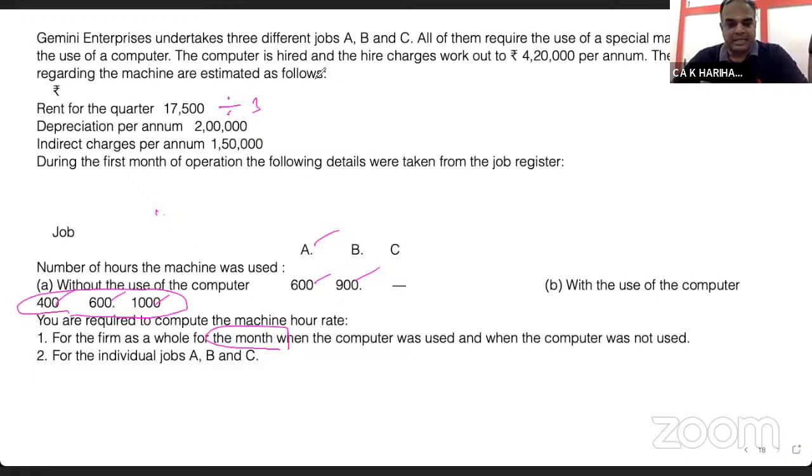Next, depreciation 2 lakhs per annum, so 2 lakhs divided by 12. Indirect wages 1,50,000 divided by 12, because that is also per annum.